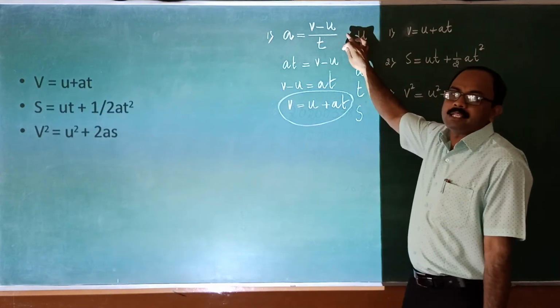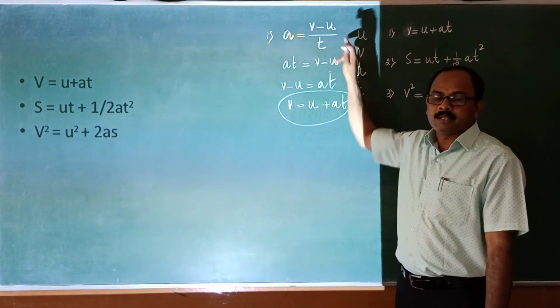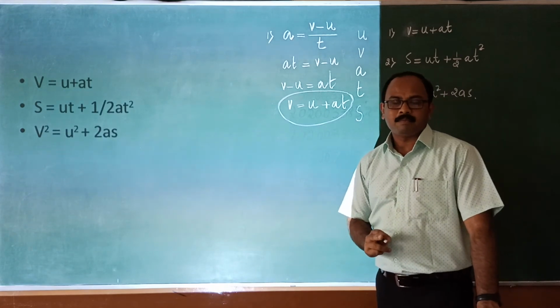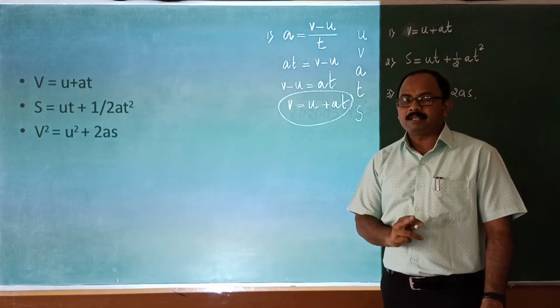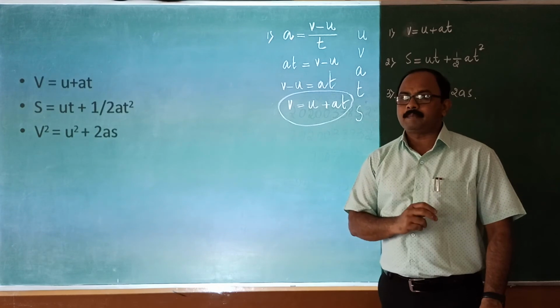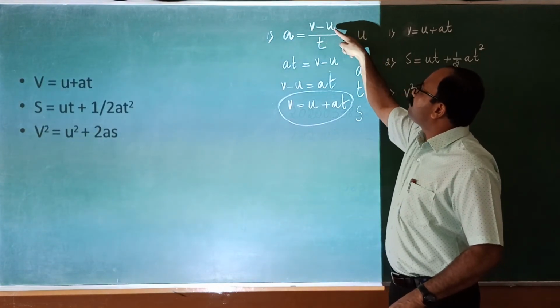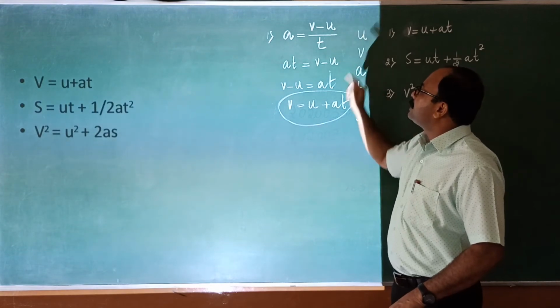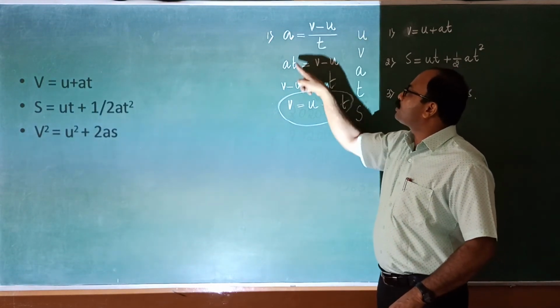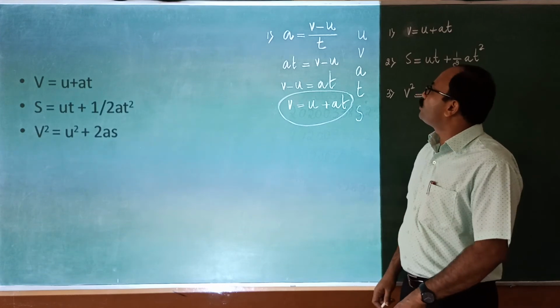We know that a is equal to v minus u by t, children. This is from the acceleration part. Acceleration, I will repeat, is the rate of change of velocity. This is change in velocity by time taken: final velocity minus initial velocity by time taken. Next, cross multiplication: a into t, at is equal to v minus u.